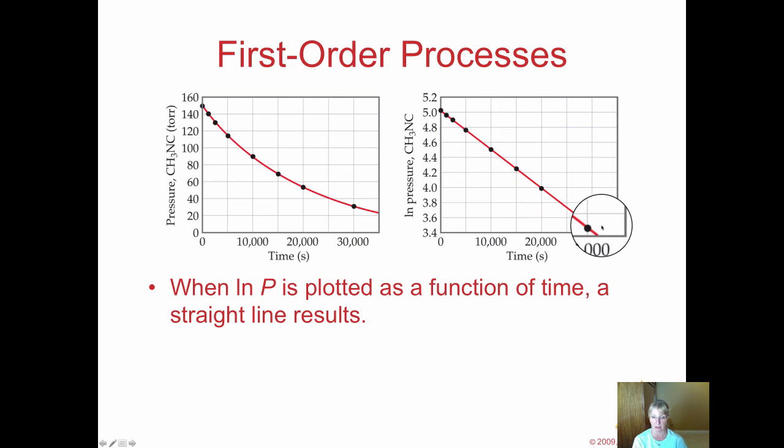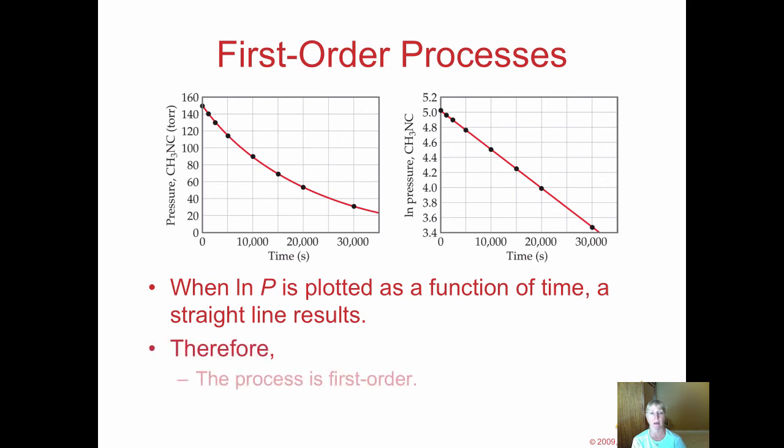And in this particular place, it's a negative slope. That's why there was a negative number in that original equation. So whenever you take the natural log of a reactant's concentration plotted against time, and the line comes out straight with a negative slope, that is definitely how you identify a first order process.